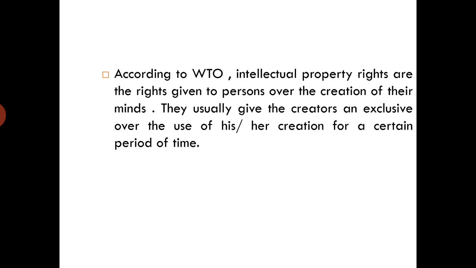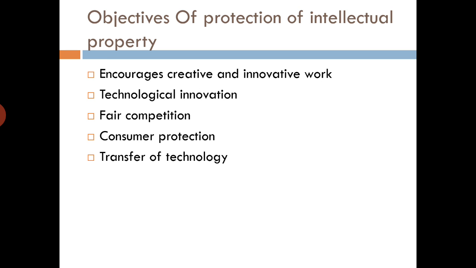I have already discussed what is intellectual property right, so I will not discuss this slide. So, what is the objective of protection of intellectual property? First, it encourages creative and innovative work. If you fear that your technology, your innovation, your creative work can be stolen, that anyone can come tomorrow and claim that it was made by them, it will not encourage a creator or innovator, right?